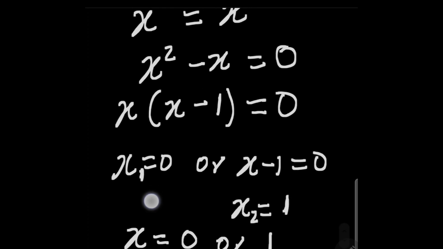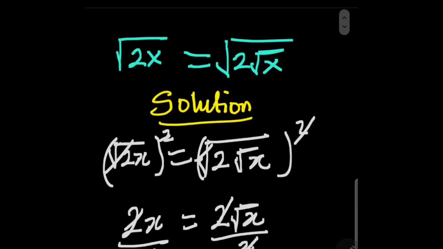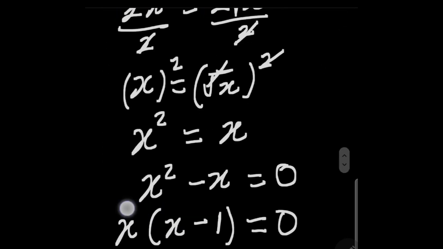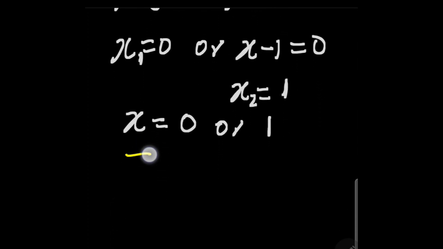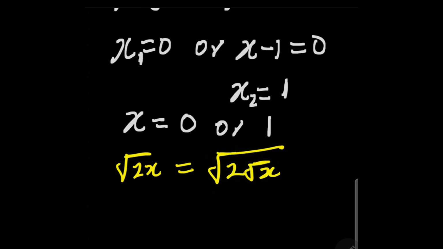Now, whenever you solve any radical equation, you need to plug the values you find into the original equation to make sure that the right hand side is the same as the left hand side. Now let's plug in. Remember, this is the original equation: square root of 2x equal to square root of 2 root x. So we're going to recopy the original equation, which is square root of 2x, which is equal to square root of 2 then root x.